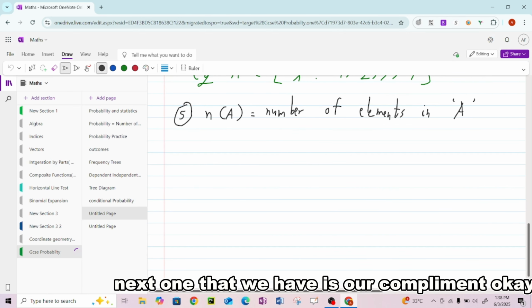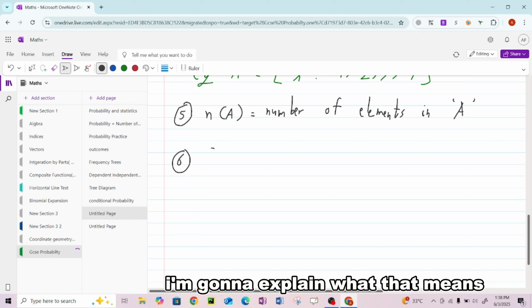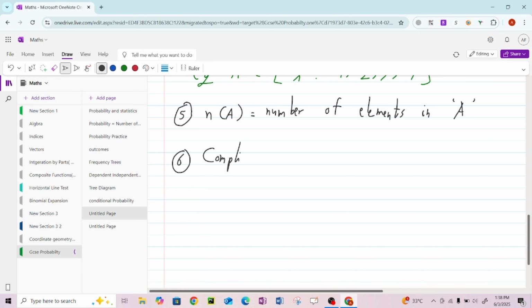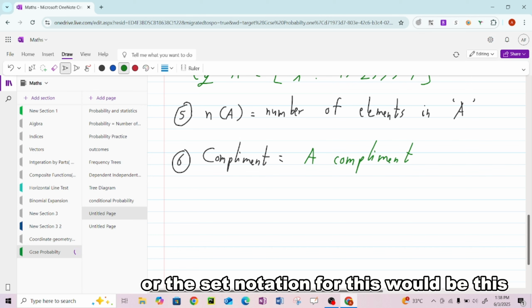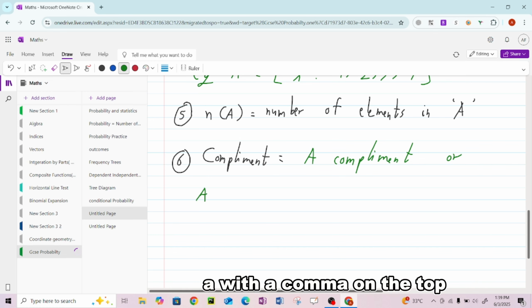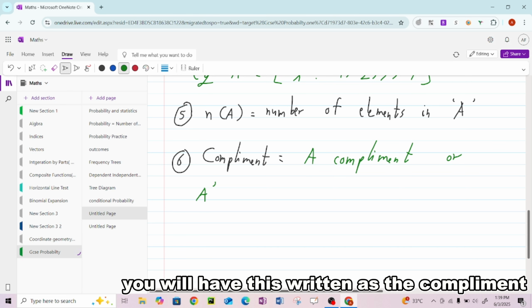Next one that we have is the complement. I'm going to explain what that means. For example, A complement, the set notation for this would be A with a comma on the top. You will have this written as the complement.